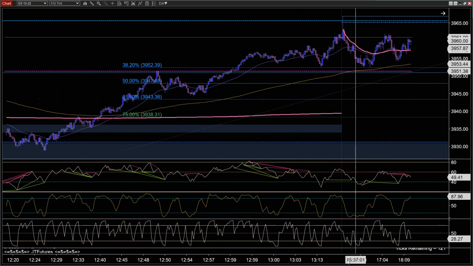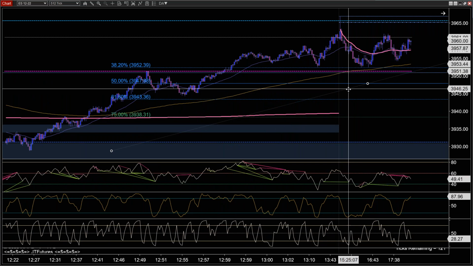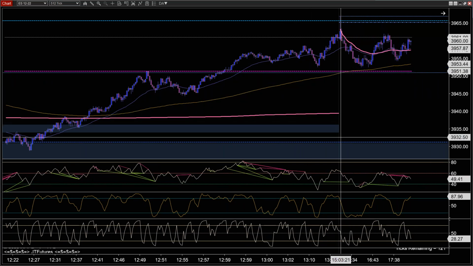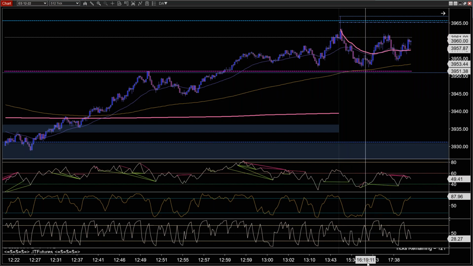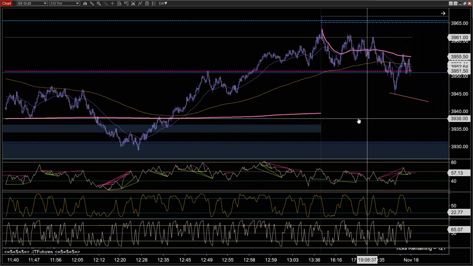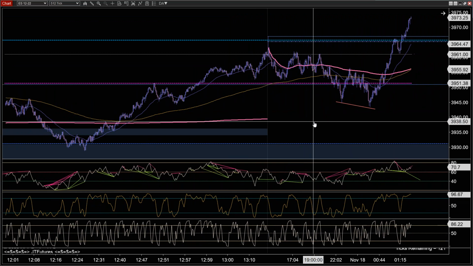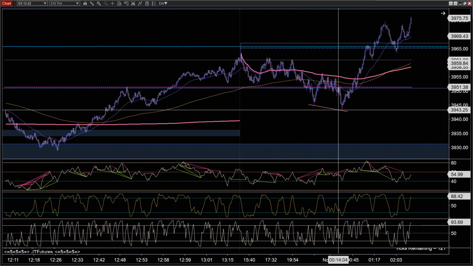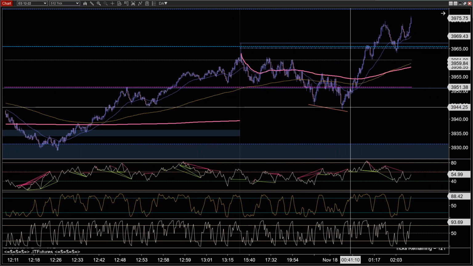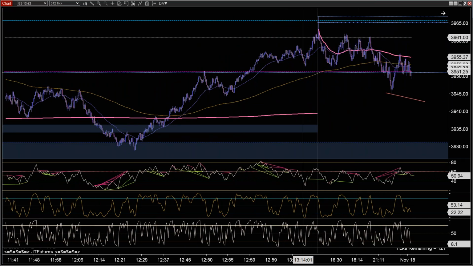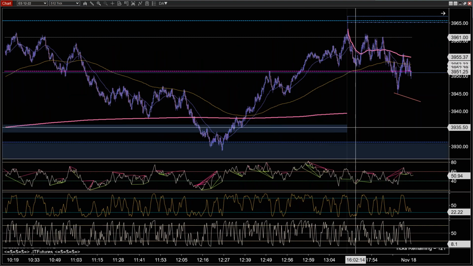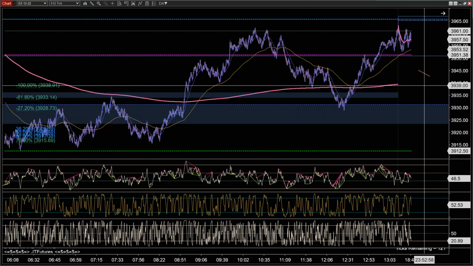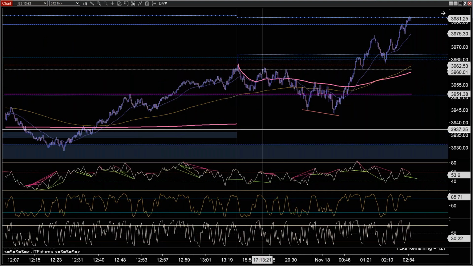So remember I talked about fibs as being one of the important strong support and resistance tools that I use. Here's a great example of going into the overnight session on November 18th. We had a nice move here going in, well, this must have been the 17th, right?